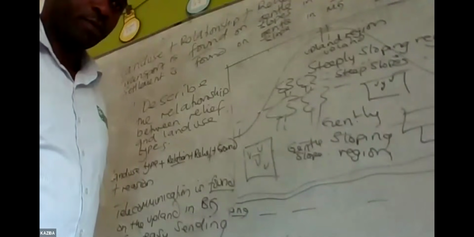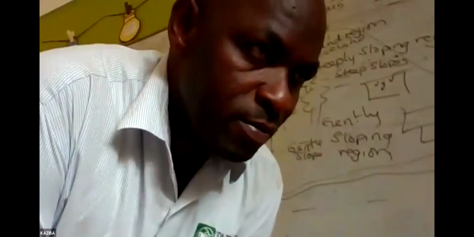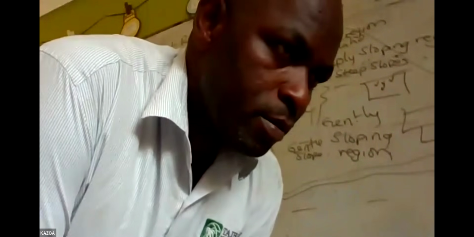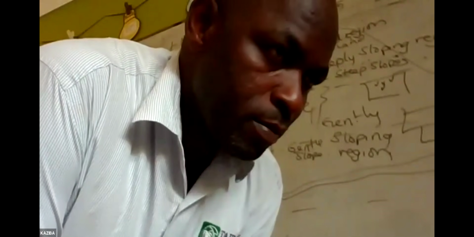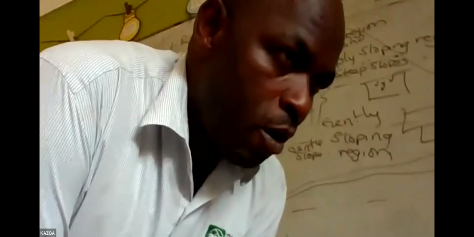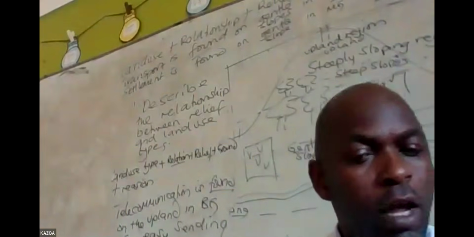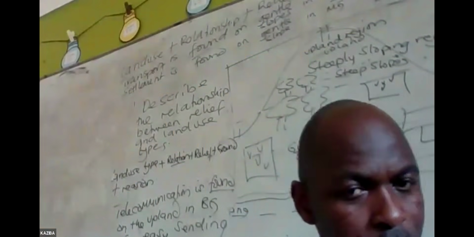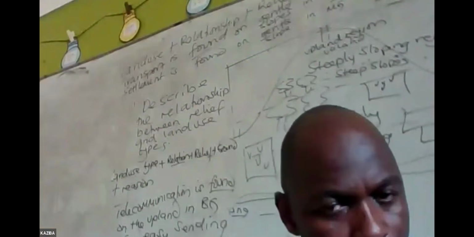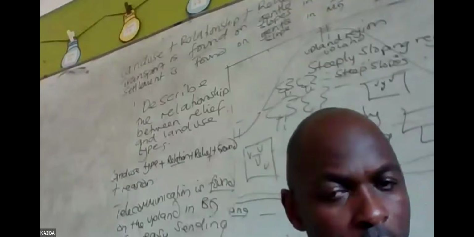Yes, what we wanted to know, because we are now doing the work, but the questions, we don't have them. Where shall we get the questions? Okay, now the question we are discussing, you can put it down. The first one is this: describe the relationship between relief and land use types.